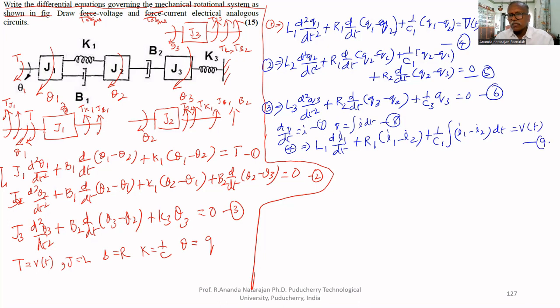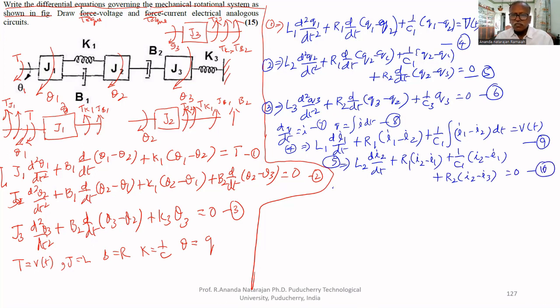This is the ninth equation. The fifth equation implies L2 di2 by dt plus R1 times i2 minus i1 plus 1 by C1 integral of i2 minus i1 plus R2 times i2 minus i3 equal to 0. This is the 10th equation.